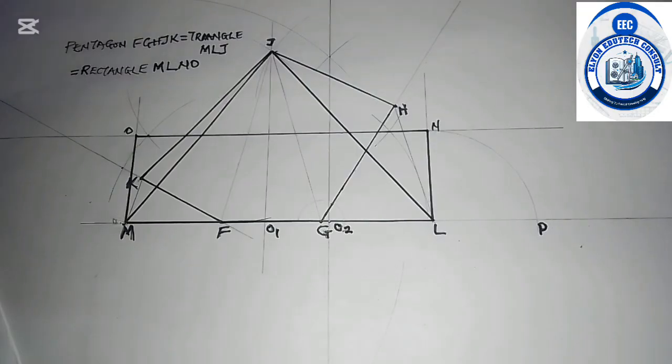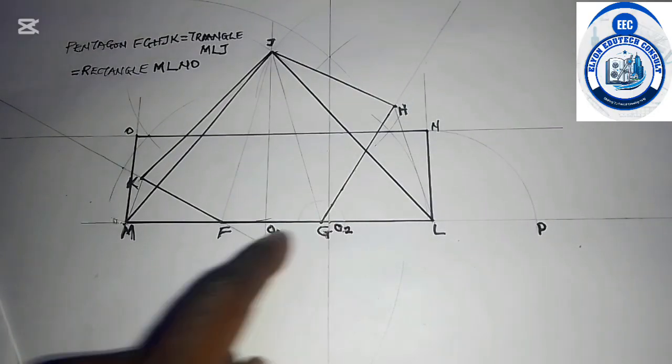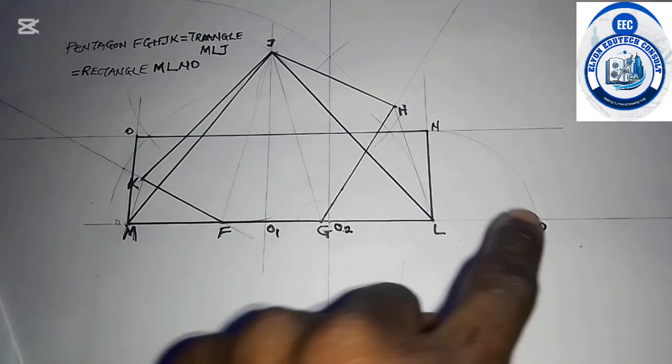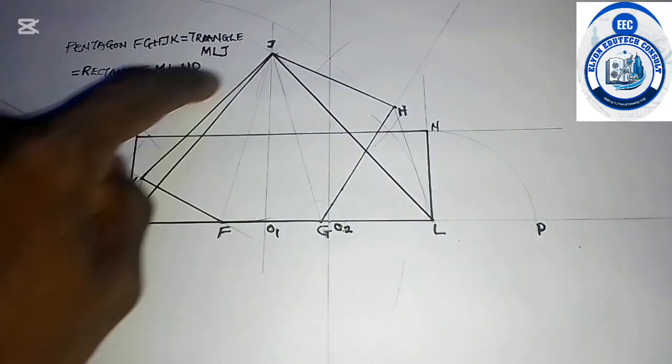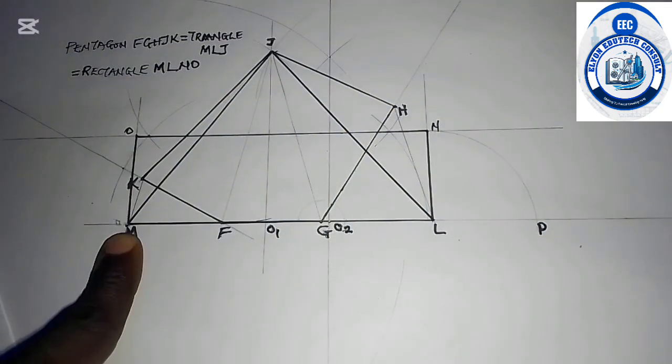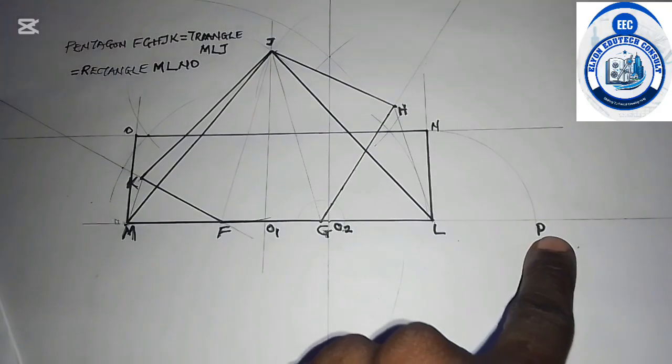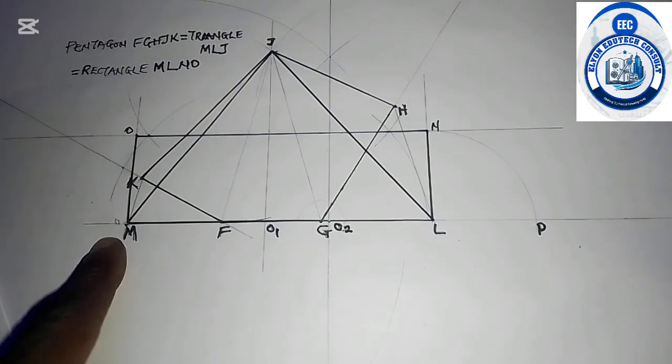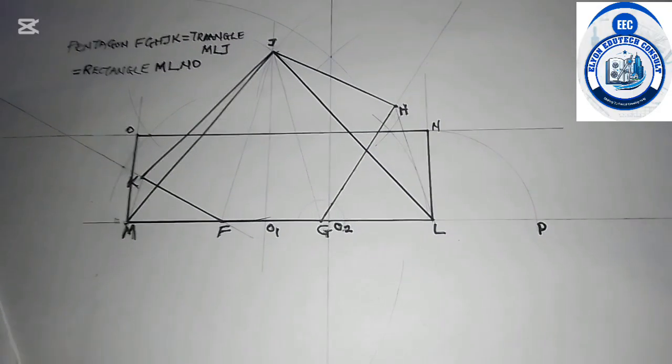So what am I doing now? I will put the needle on this point O2, stretch my compass to this M or N, which I will use to draw a semicircle, and it must touch M at the other side or P at the other side if you have actually bisected the line MP. So I'm going to come this way.